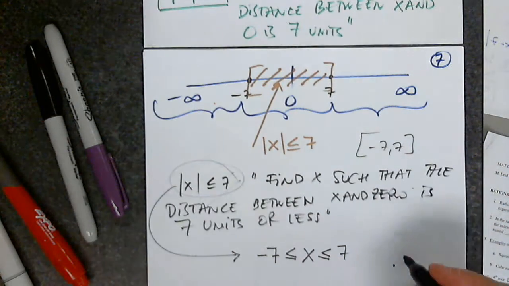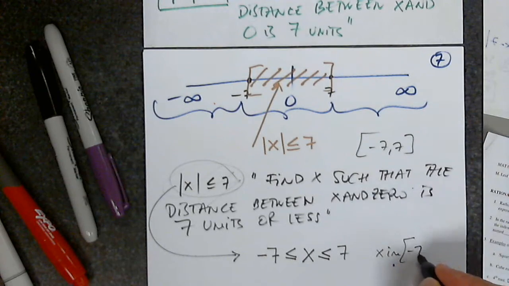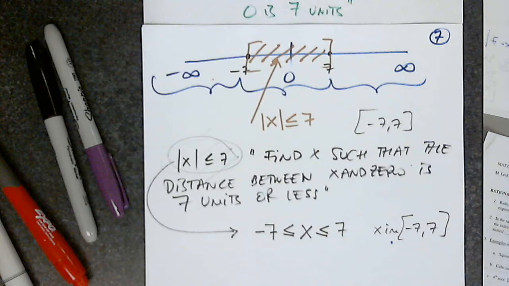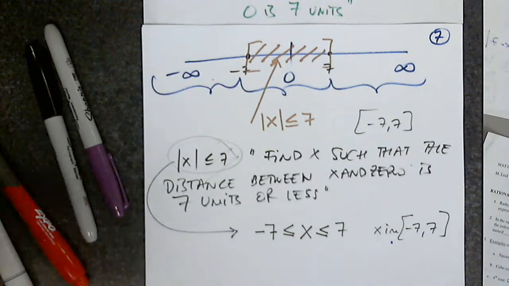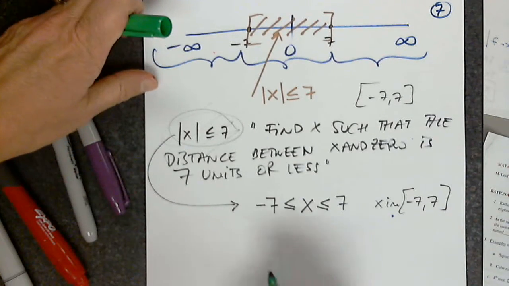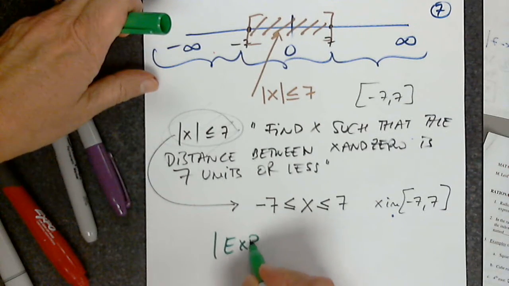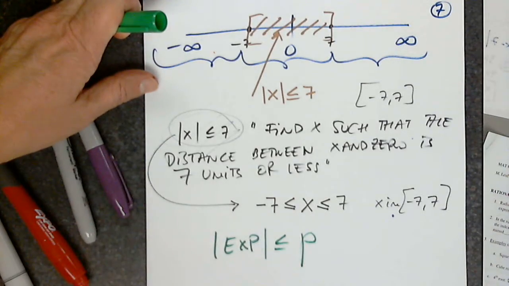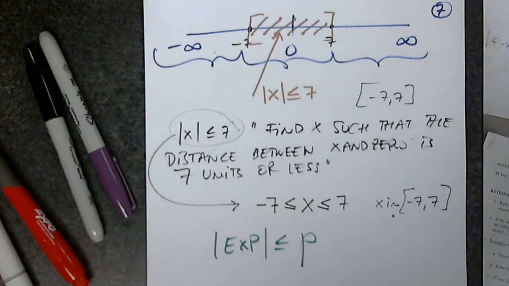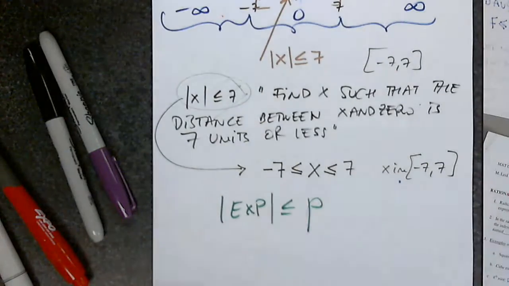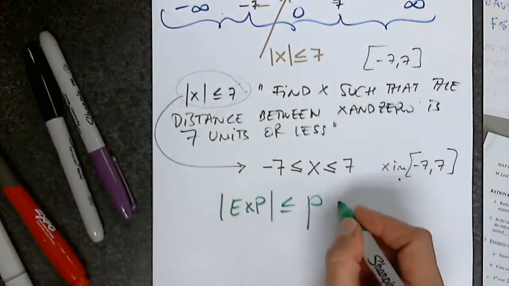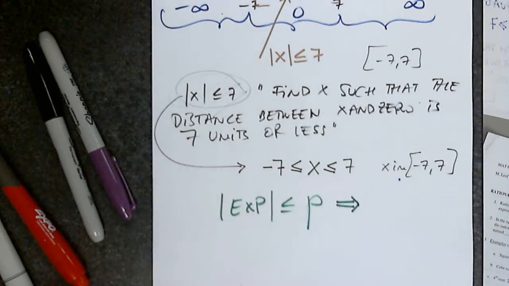And yes, of course, the interval notation is negative 7, 7. Perfect. So now if I go back to the general case, let's see what we write for any expression, anything you want, less than or equal to a positive number. How do I convert this into something I can solve? Because I studied 9.1. I know how to solve this. So how will this convert?